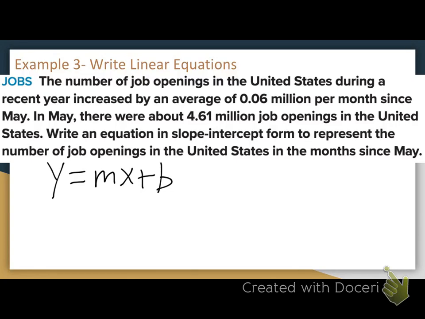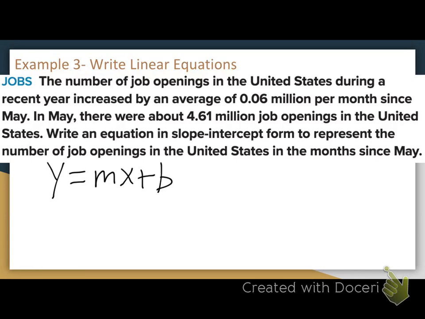Any ideas what our rate of change is here? Yep. 0.06. How do you know that? It says increased and per month. That's the rate of change. It's increasing by an average of 0.06 per month. What variable is going to represent our months here? Not mx.